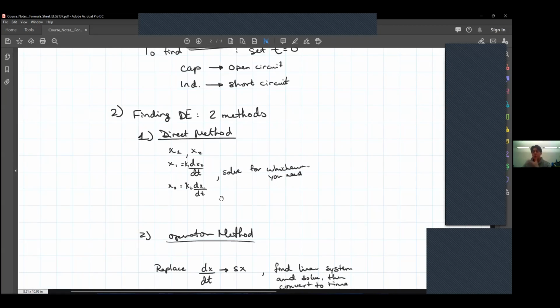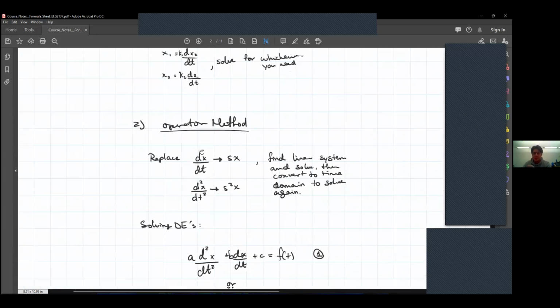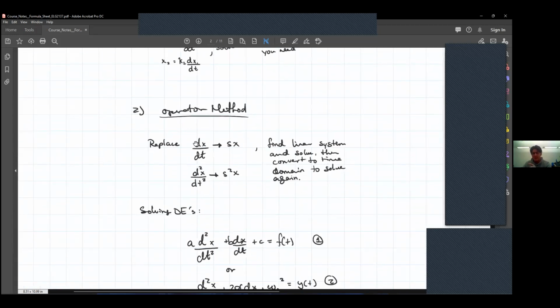You solve both for whichever one you need. So you either plug in x2 into your first equation or x1 into your second equation to find a single differential equation. You can also do the operator method, in which you replace d over dt with s. Math students get really angry when we do that, but that's not really a problem. We can just treat d over dt as a variable and solve it as a linear system.